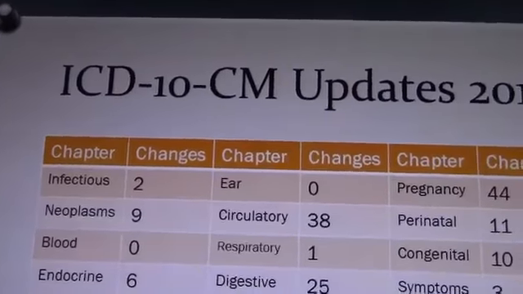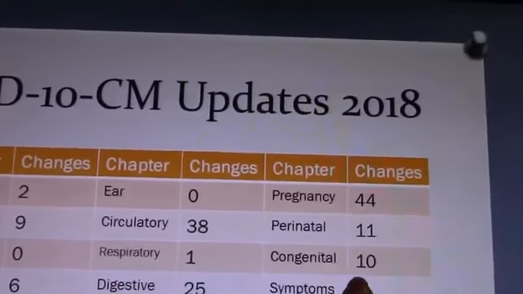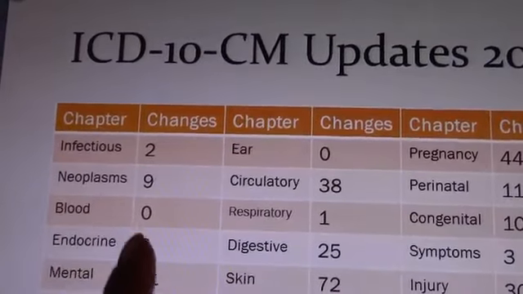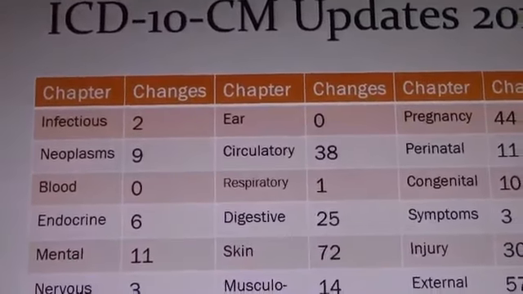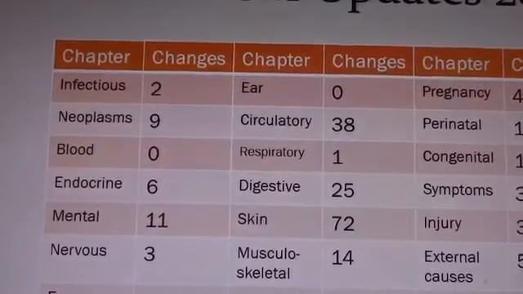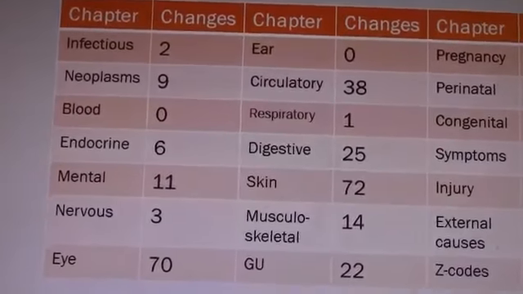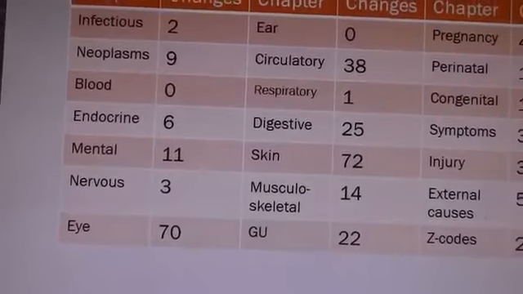And I separated it by chapter, the number of changes that were made per chapter. So for infectious and parasitic diseases, there were two changes. Neoplasm had 9 changes. The blood chapter had 0. Endocrine, 6. Mental, 11. Nervous, 3.